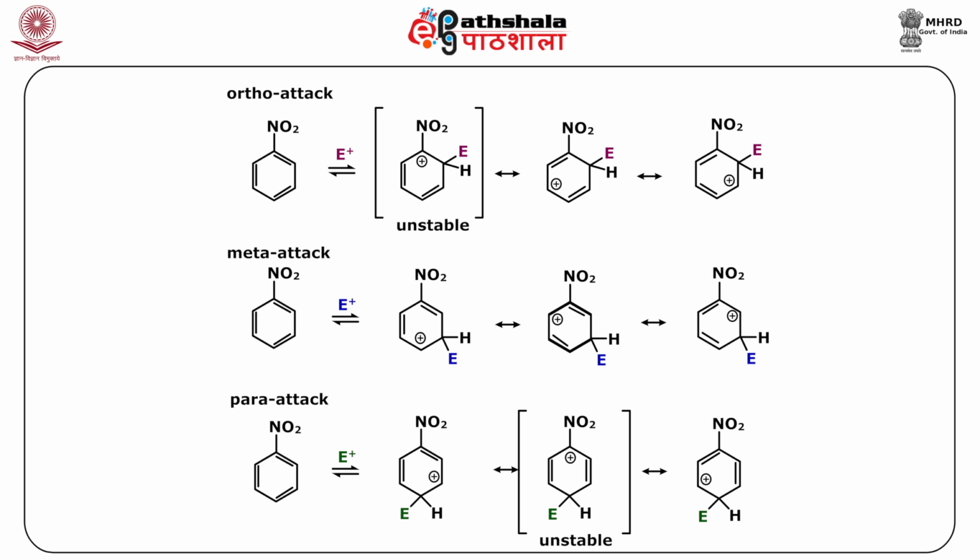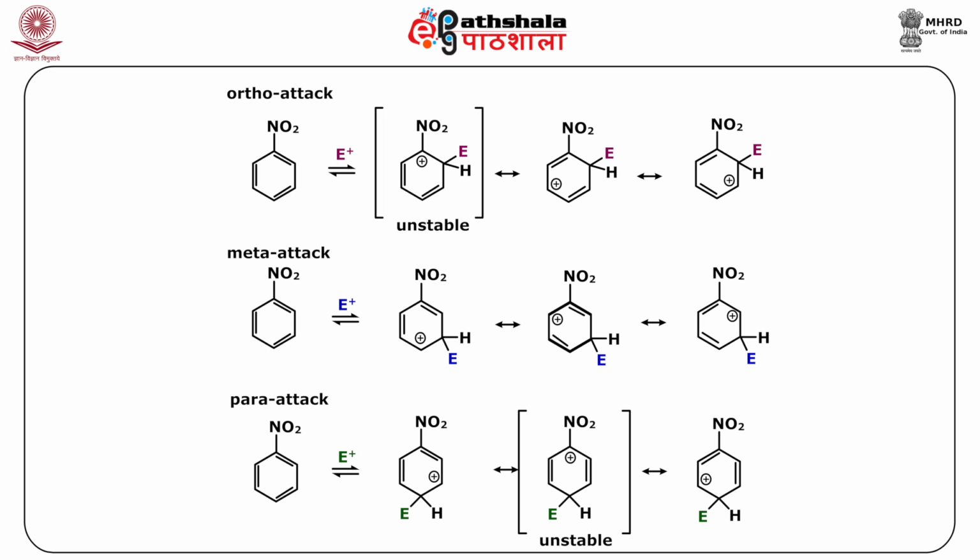However, again in case of para attack, students, note that the positive charge is on the carbon which is directly attached to the NO2 group. Thus, again an unstable Wheland intermediate occurs in the case of para attack, just as in case of ortho attack.